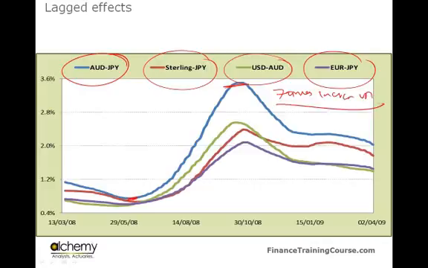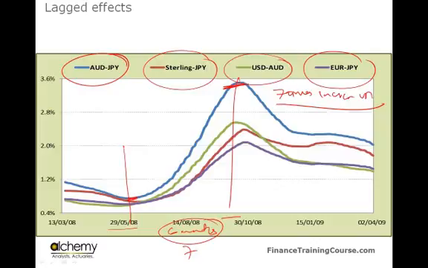A 7-time increase in vol over a span of, this is May 2008 to October 2008. So May, June, July, August, September, October, in 6 months. In 6 months, vol moved by not 7%, but 7 times. It went from 0.5% to about 3.6%.